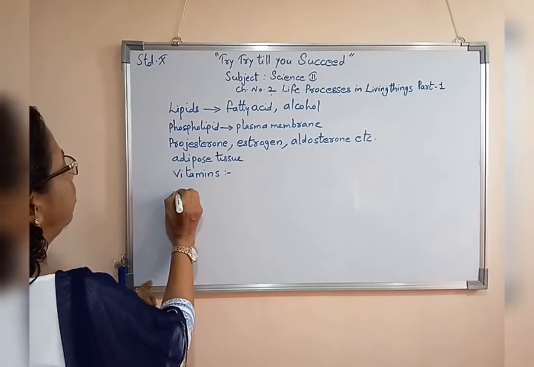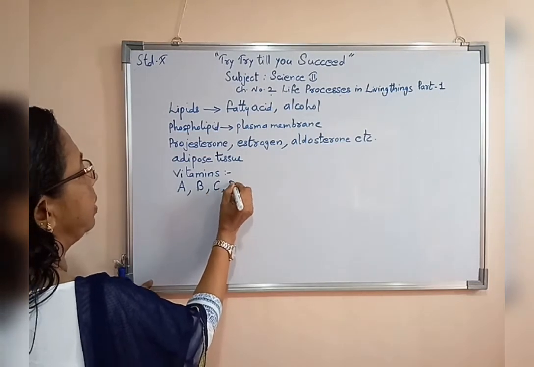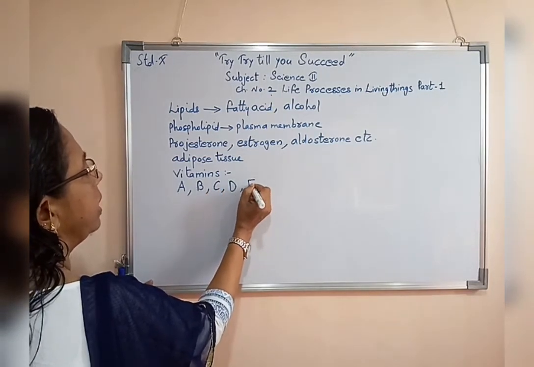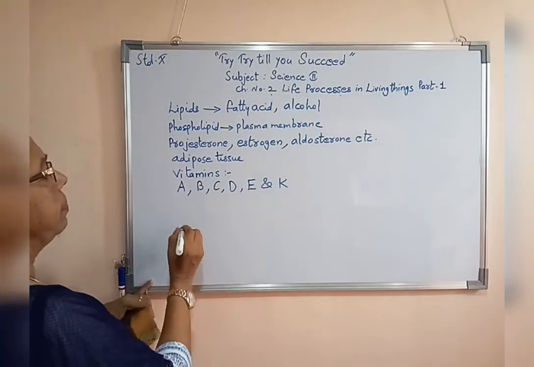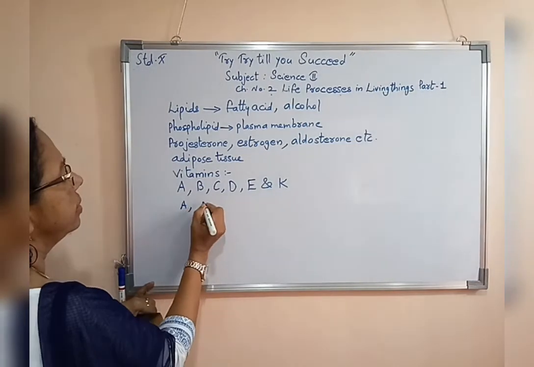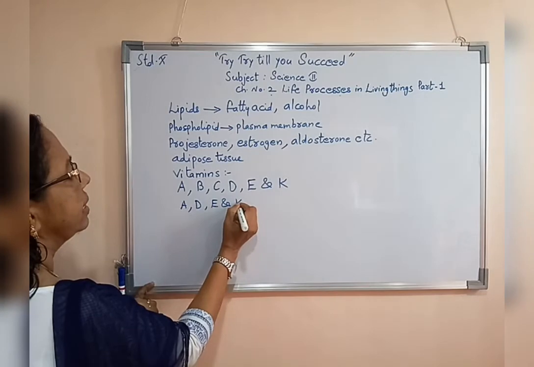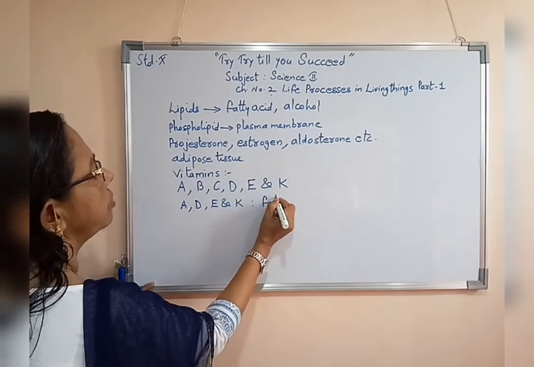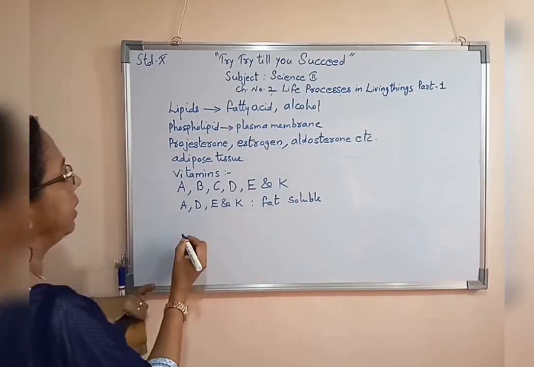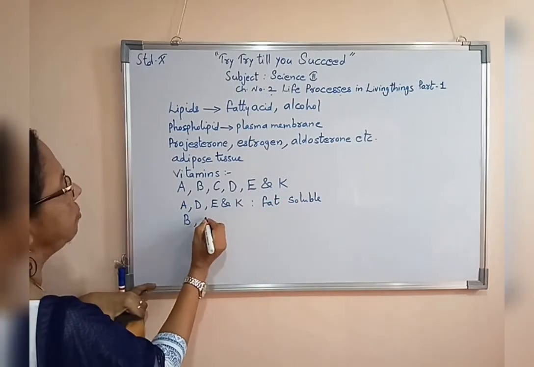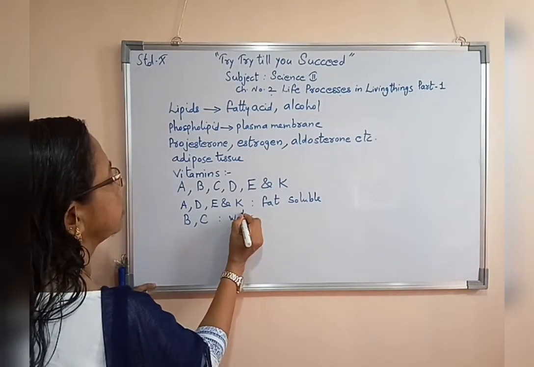They are vitamin A, vitamin B, vitamin C, vitamin D, vitamin E and vitamin K. Out of them, vitamin A, D, E and K are fat soluble vitamins, and vitamin B and vitamin C are water soluble vitamins.